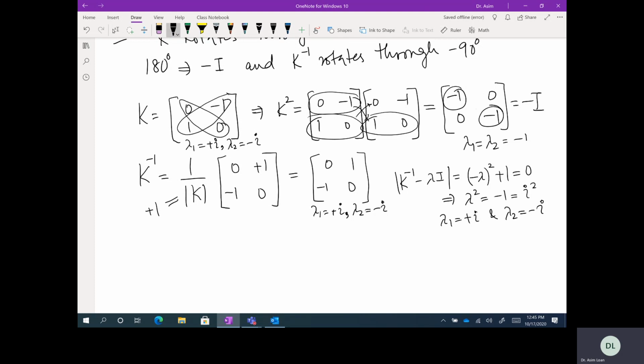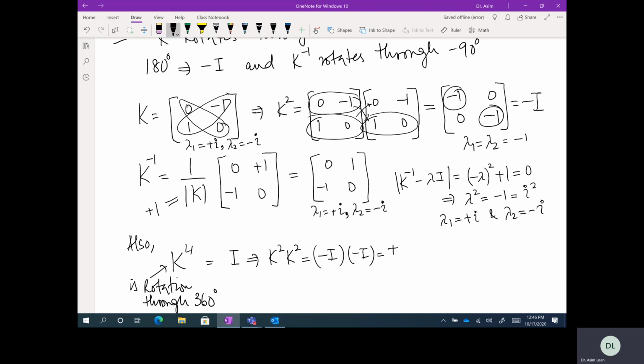Also, K4 is the rotation through 360 degrees, and this should be equal to I. If I do K square 2 times, this implies K square into K square, which is equal to minus I into minus I, which is equal to plus I. The corresponding diagonal element in terms of K is going to be I raised to power 4, which is equal to I square into I square, which is equal to minus into minus, plus 1.